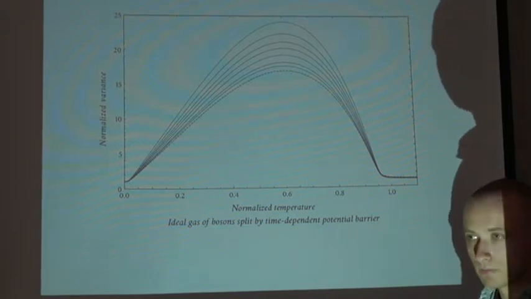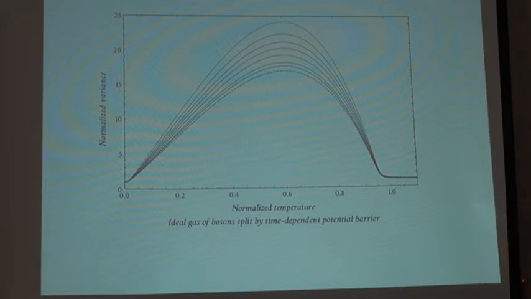So let me understand this adiabatic. So you introduce time dependence in U, right? And this is for different values of t. How does t enter? Yeah.